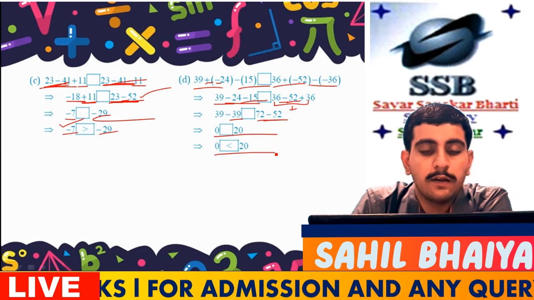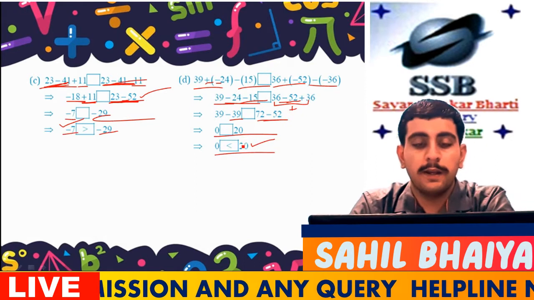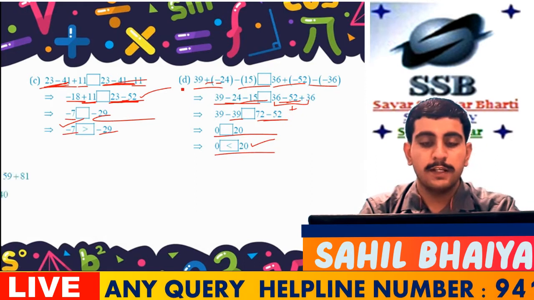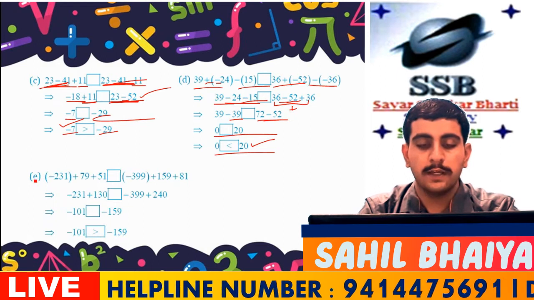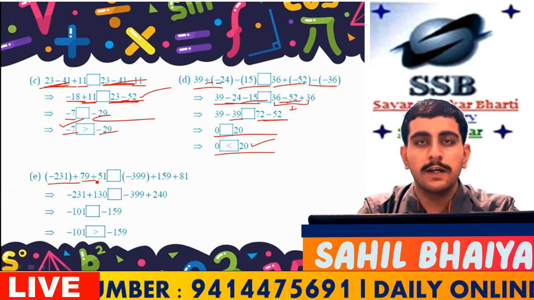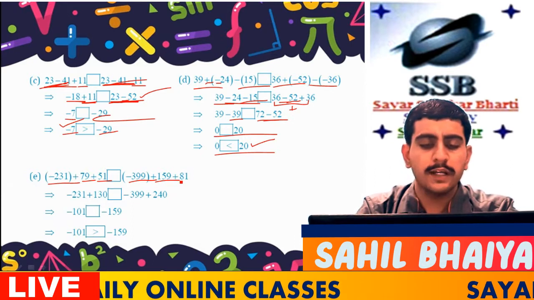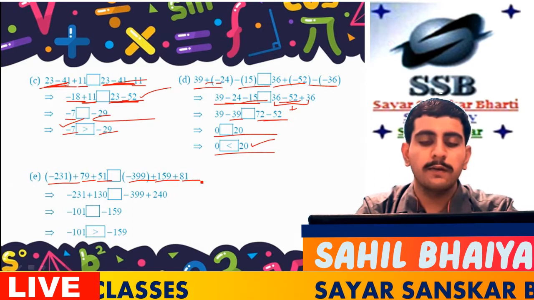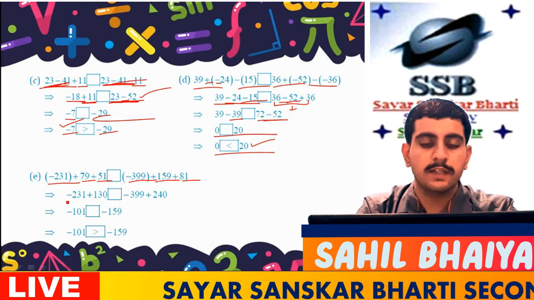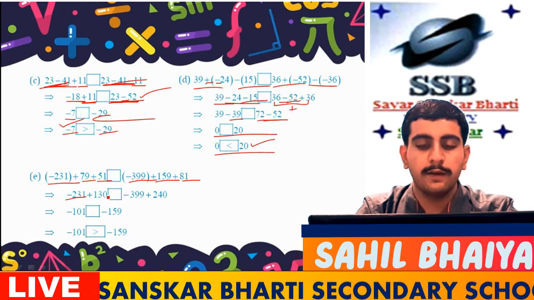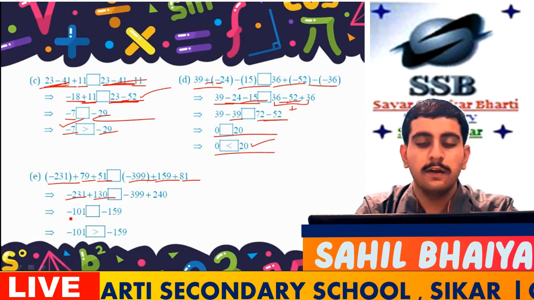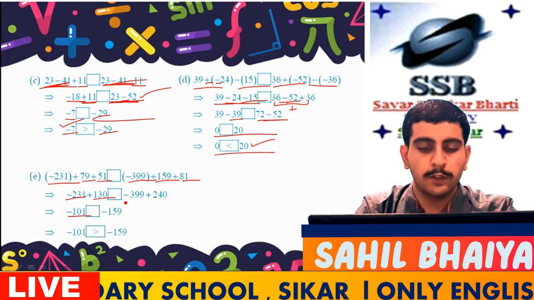Next is minus 231 plus 79 plus 51, and there will be a box, then minus 399 plus 159 plus 81. So here you can see minus 231 plus 130, where 79 plus 51 equal to 130. On the right hand side, 159 plus 81 equal to 240. What we get?